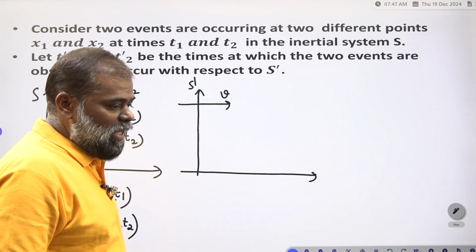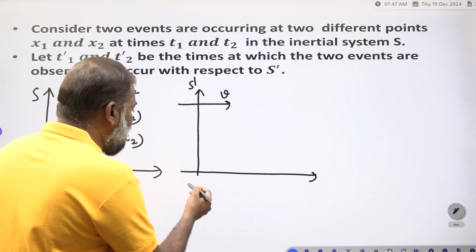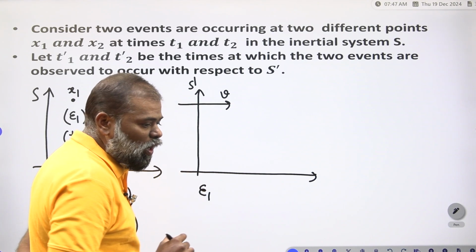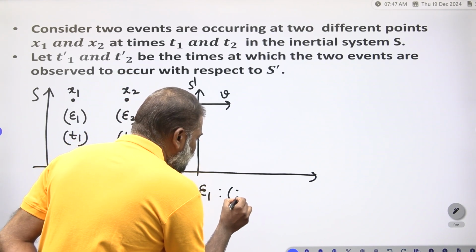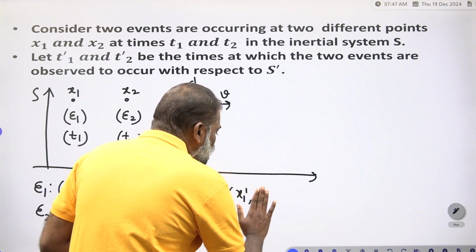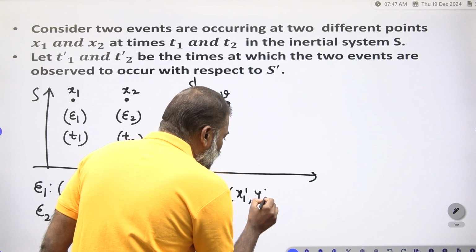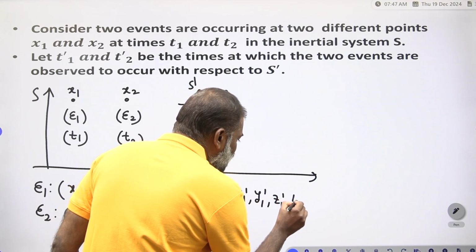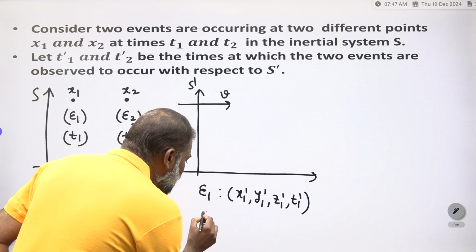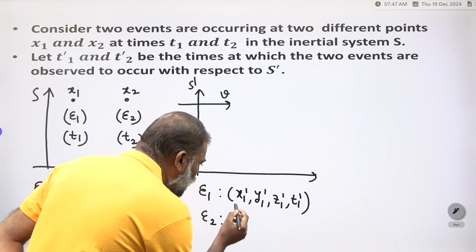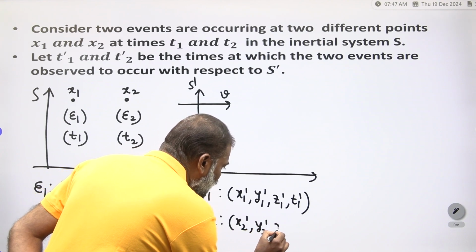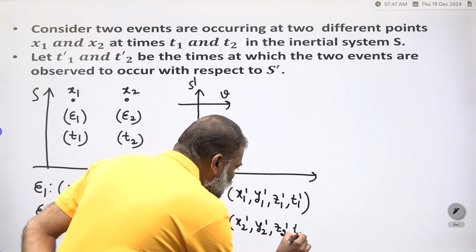Similarly, if you consider the S dash frame, event 1 is the point x1 dash, y1 dash, z1 dash, and the time is t1 dash. In event 2, the coordinates are x2 dash, y2 dash, z2 dash, t2 dash.